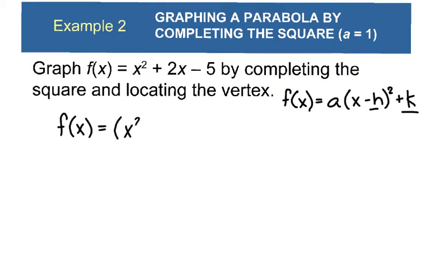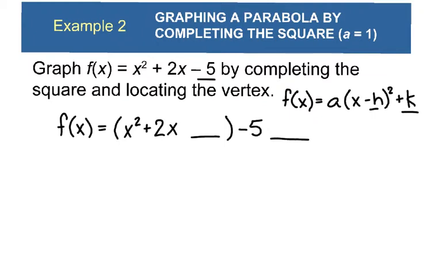So what I'm going to do is put the first two terms in a set of parentheses just like this, leave a little bit of space, and then on the outside put your constant, so -5, and also we're going to put a number here.